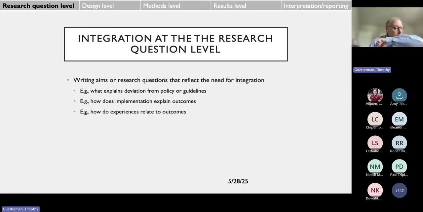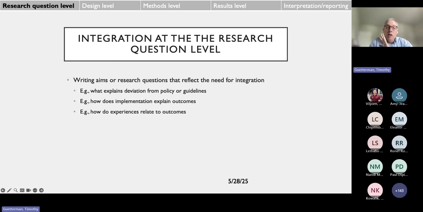In one study of mine, you'll see in a little bit, we were trying to teach medical learners empathic communication skills. And one of the analyses we looked at is, did the experiences seem to relate to outcomes? So was there a pattern where people who did really well in the intervention versus people who did not do so well, did their experiences seem different, and maybe that's explaining these outcomes.